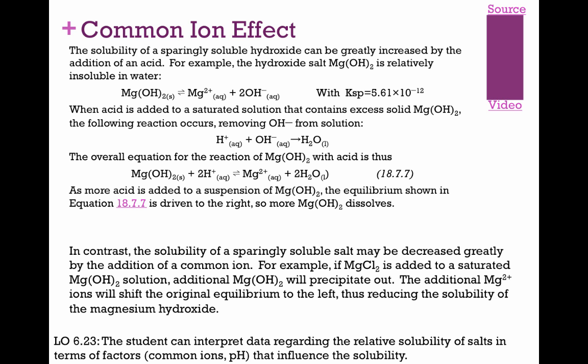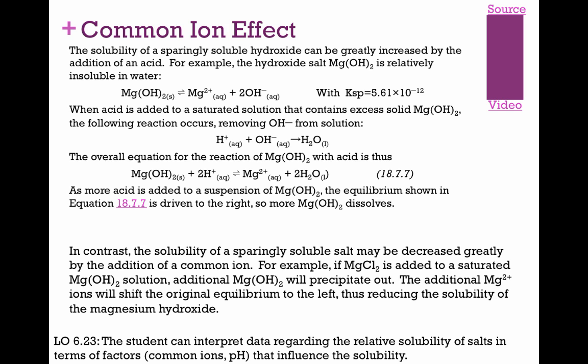So if you add MgCl2 to this, MgCl2 is a soluble ionic salt. Maybe you're looking at this being something like Mg(NO3)2, because that's one of the solubility rules that you have to know, or maybe it tells you that MgCl2 is a soluble salt. When you add MgCl2, you're adding Mg2 plus ions and Cl minus ions. There's no Cl in here, so that doesn't matter, but you're adding Mg2 plus ions.